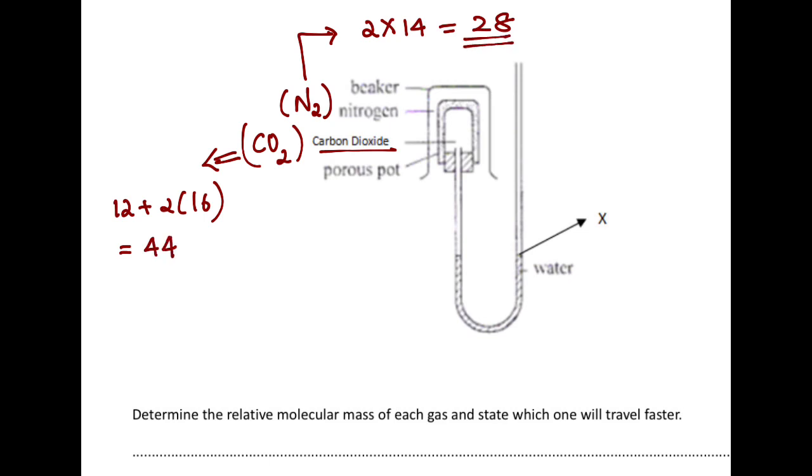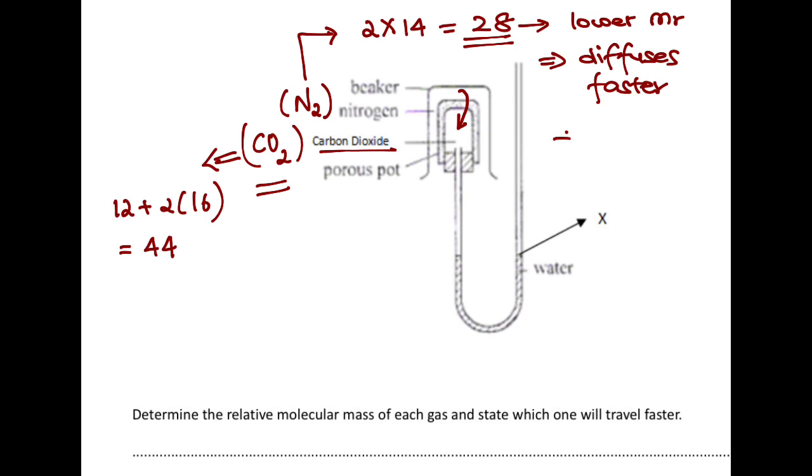Nitrogen has a lower Mr than carbon dioxide, which means that nitrogen gets inside the pot much faster. So lower Mr, therefore it diffuses faster, therefore it goes inside the pot faster. Therefore the pressure inside the pot increases.